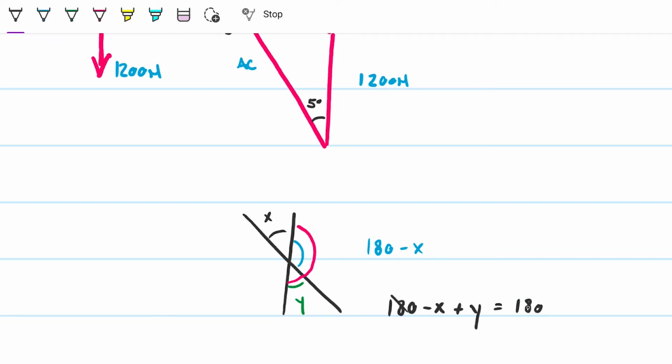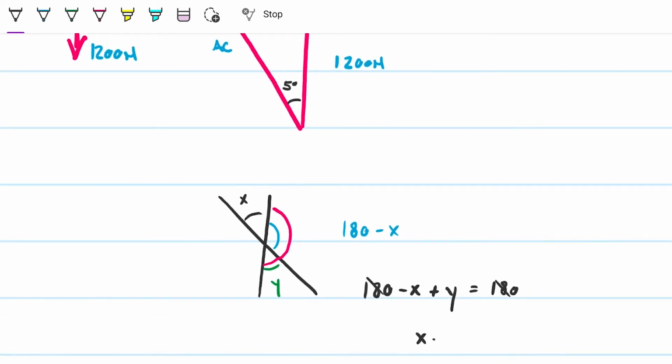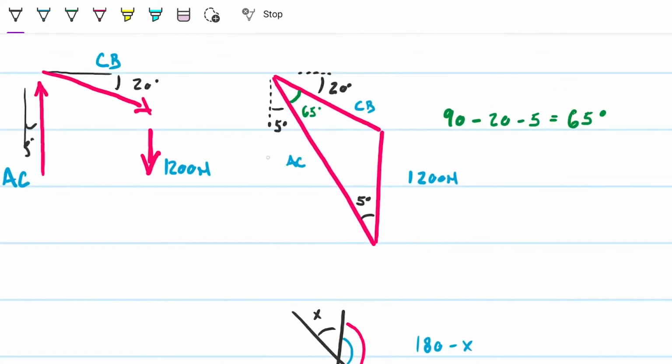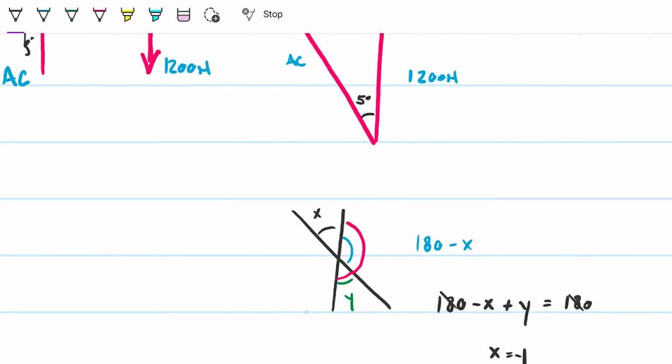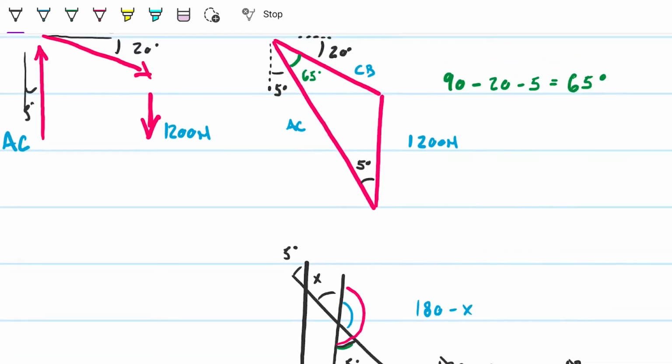Okay, so 180 on both sides, which means that x equals y, right? So therefore, if this guy here is 5, then this guy here is also 5. It's the same situation we have. We kind of have 5 here and then 5 here kind of situation, okay?